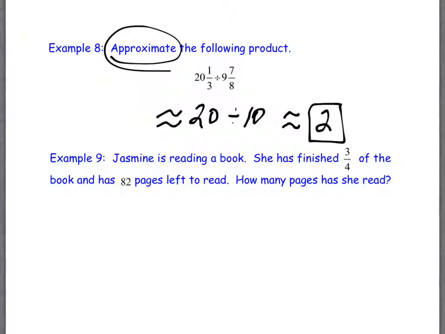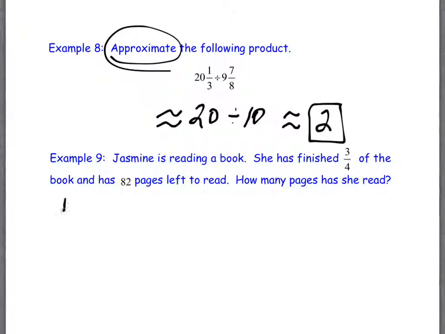It wouldn't be 3/4 of 82, because 82 is not the 3/4 she's read. Right. And it's not the whole book either. Could you just multiply by 3? Okay, all right, so that's a good way to do it. So what you're saying is, I'm going to write it down because I don't think you've thought through it quite as clearly as this, but this is what you're equivalently saying.